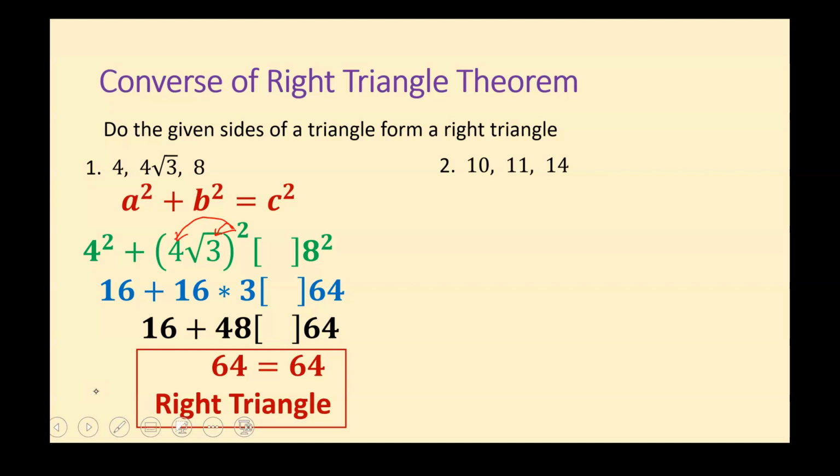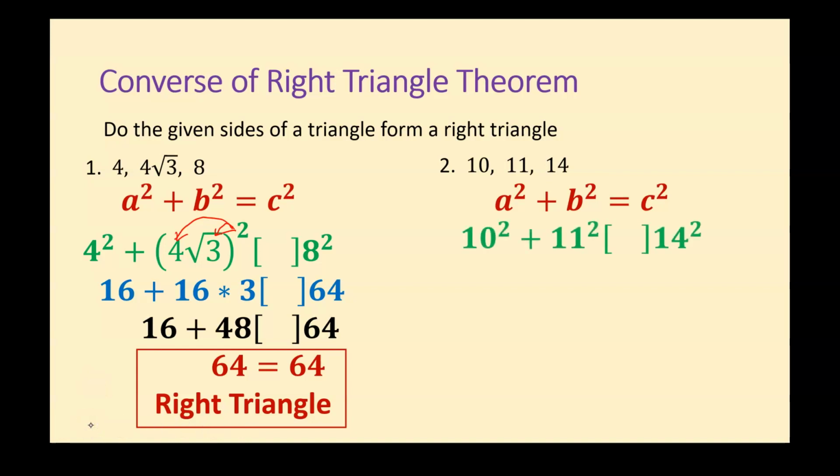Number 2, same thing. We know that a squared plus b squared is equal to c squared. We're going to plug in the values. We know they're from smallest to largest. So we're asking ourselves, does 10 squared plus 11 squared equal 14 squared?